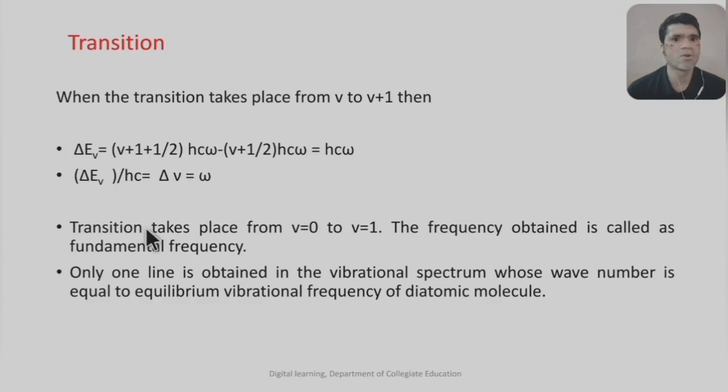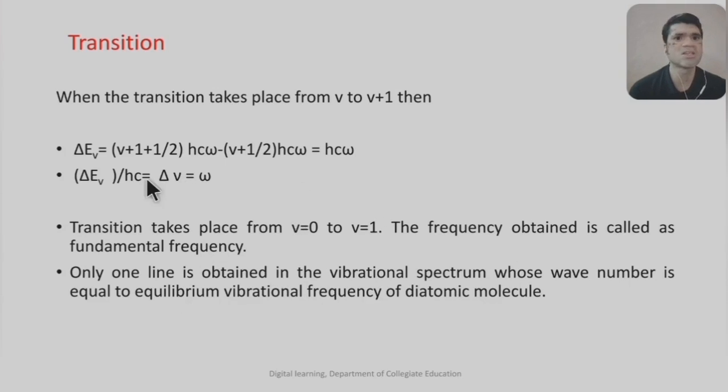Therefore, for a transition from V equal to 0 to V equal to 1, the frequency obtained is called the fundamental frequency. It is the only line obtained in the vibrational spectrum whose wave number is equal to the equilibrium vibrational frequency of the diatomic molecule.